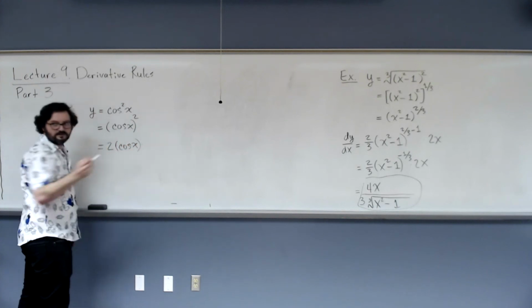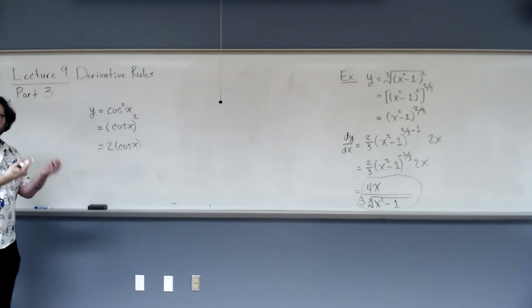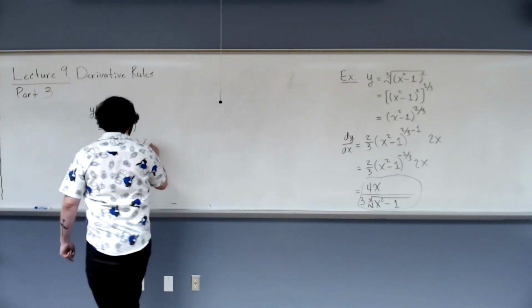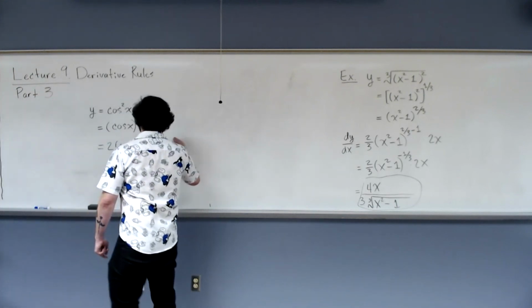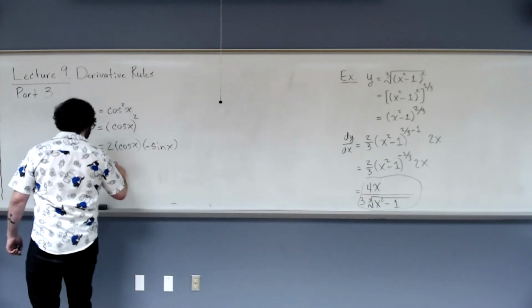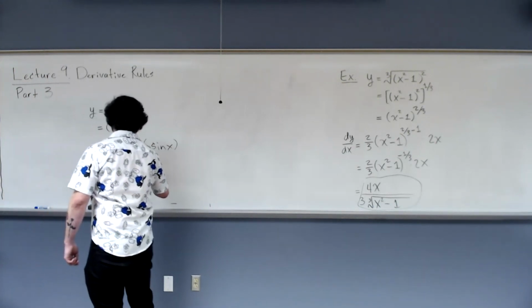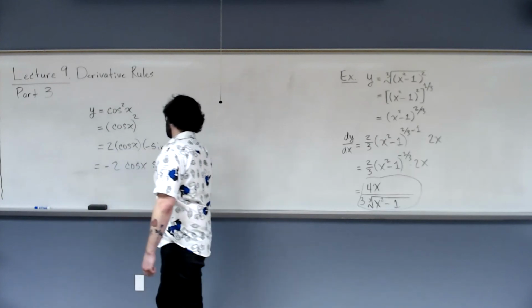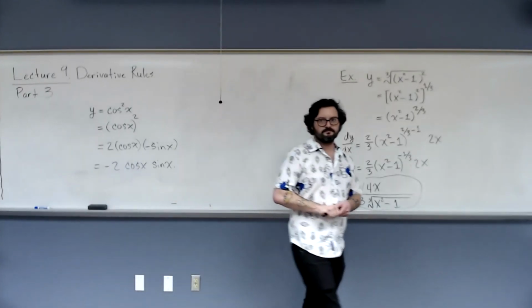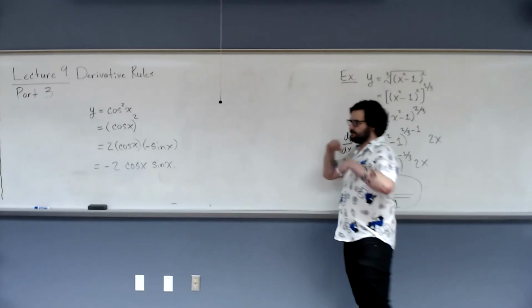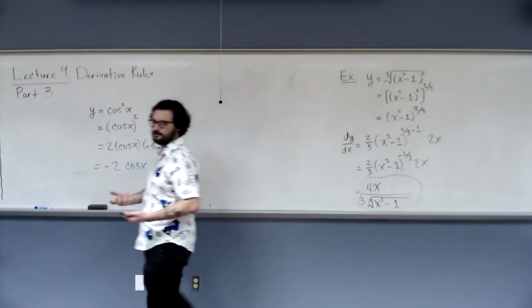Times what? Oh, times the derivative of the inside, negative sine x. And then you're done: negative 2 cosine x times sine x. You have to take the derivative of the inside as well.